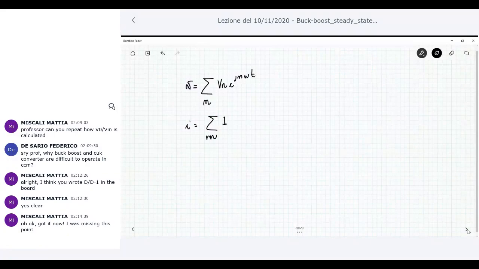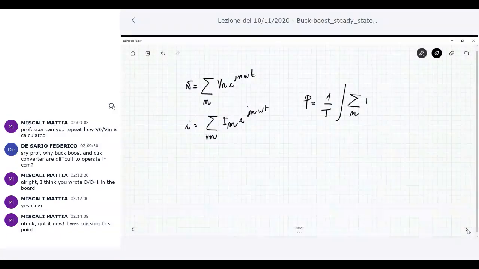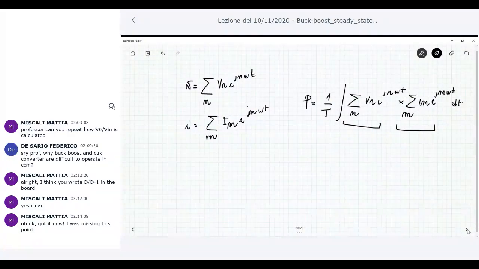The current is the summation over, now we can call it m, of Im e^(jmωt). So you can get the average power as 1 over T of the integral, okay, you have to multiply these two summations here.